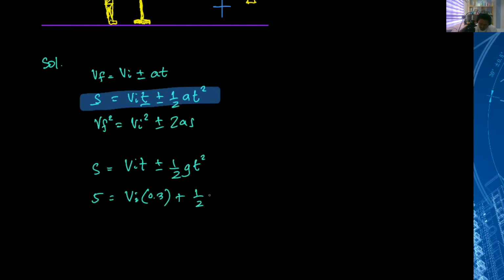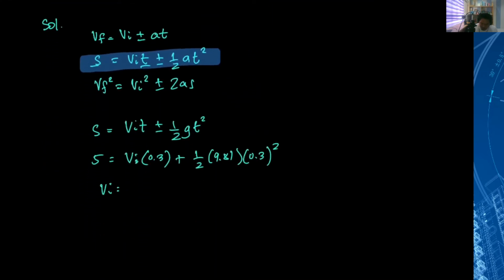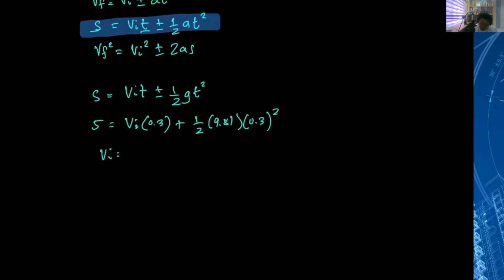So 1/2 times 9.81 times 0.3 squared. So we can solve for the velocity initial. This is velocity initial from the start of the window, and we can also denote this as velocity final at the top of the window.